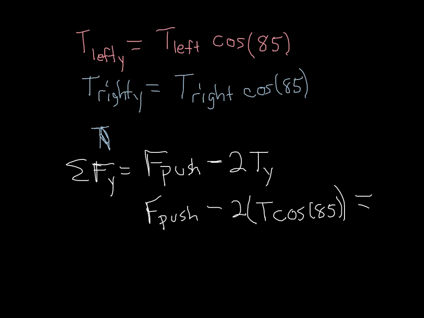And what was that equal to? 0? Yeah. Okay. So I know F push is equal to 2 times T times cosine of 85.